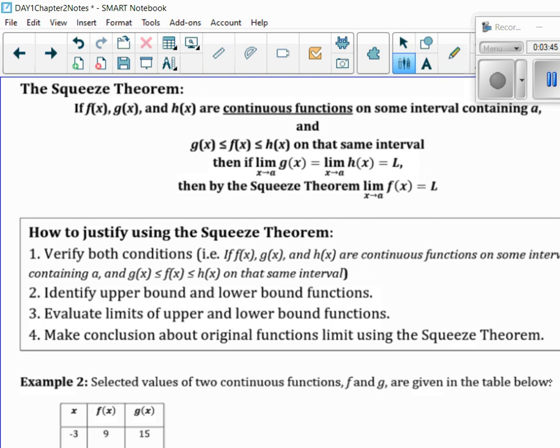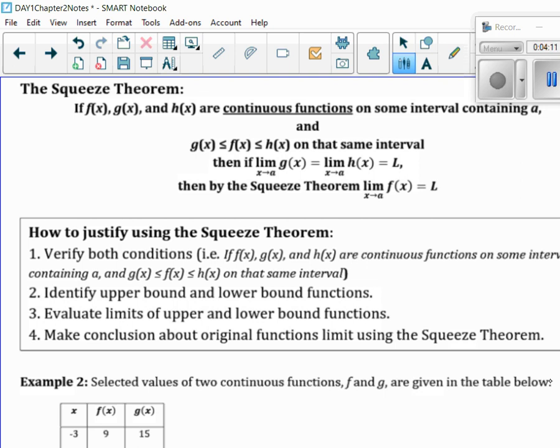So the squeeze theorem says if f, g, and h are continuous functions on some interval containing a, and f of x is between g of x and h of x on that same interval, and the limits are the same, then because f is in between them, by the squeeze theorem it equals that limit as well.